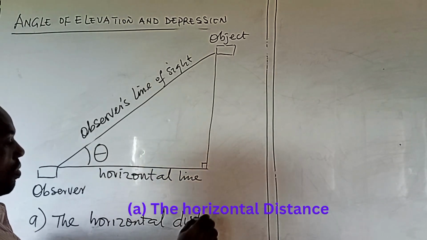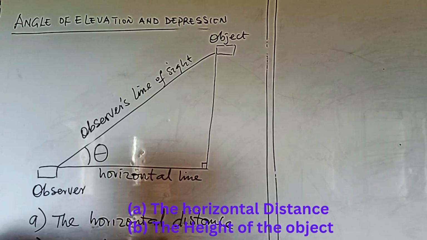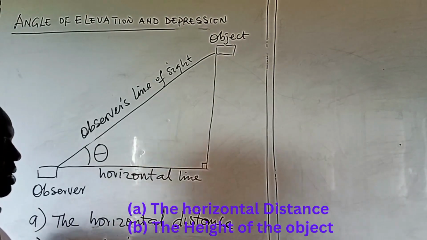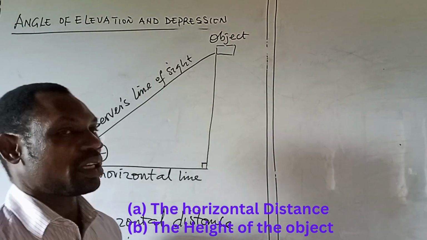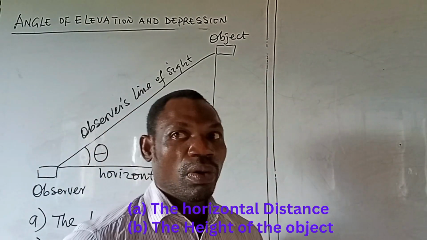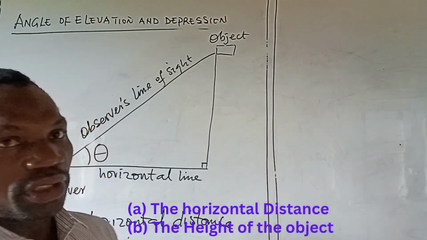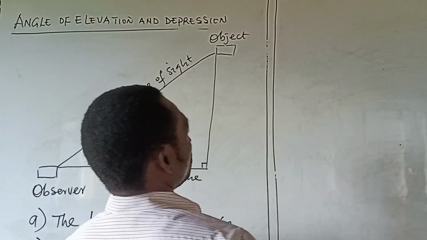And then the second factor is the height: the height of the object, or the height of a tower, or it may be the height of a cliff. So when we want to solve problems on elevation and depression, we make use of trigonometrical ratio.